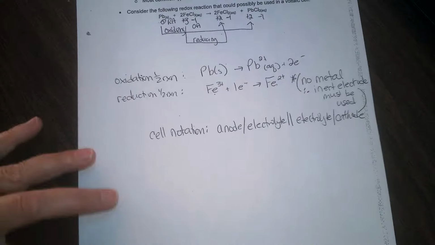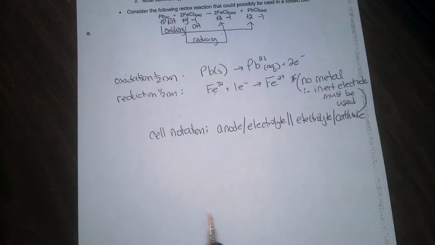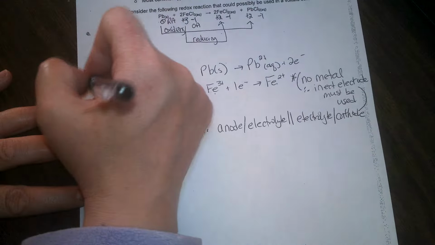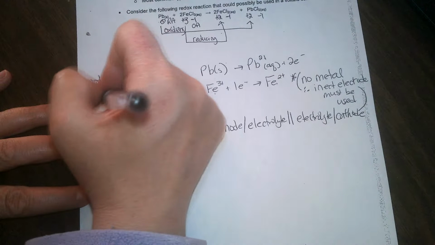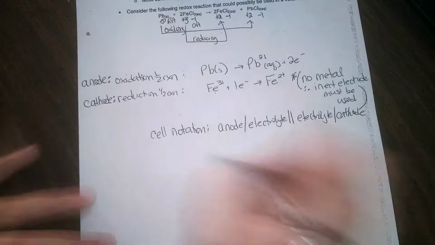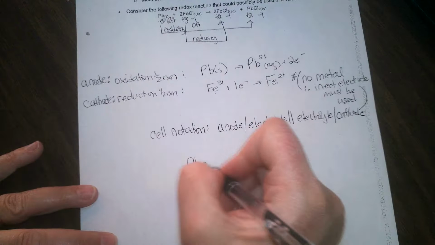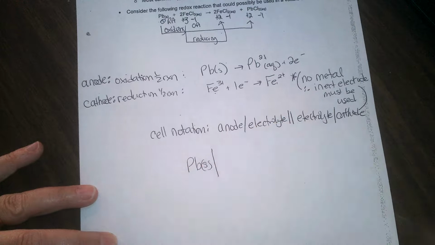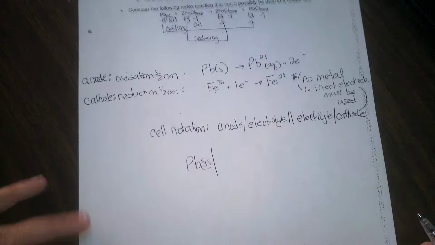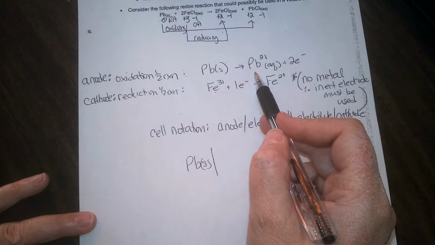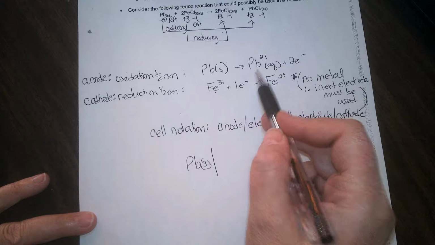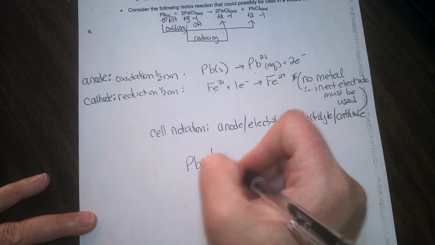Our anode is going to be, which reaction happens at the anode? Oxidation. So we're going to go lead solid. What's my electrolyte? Cl is a spectator ion. Lead 2 plus.